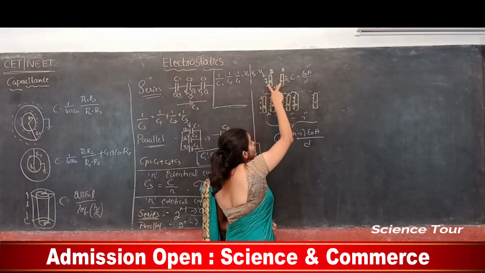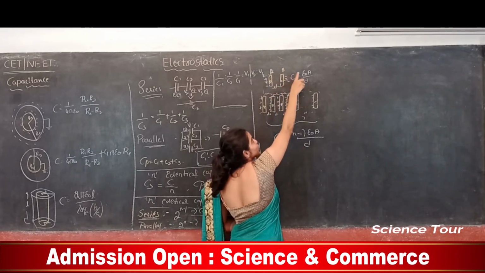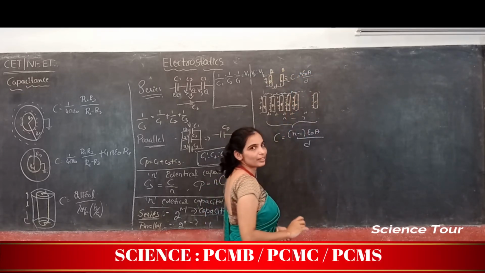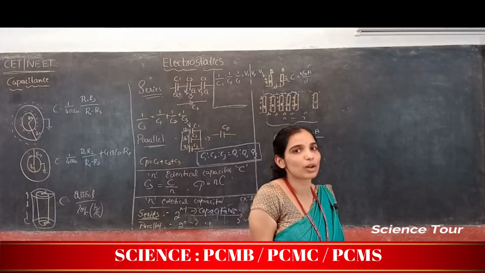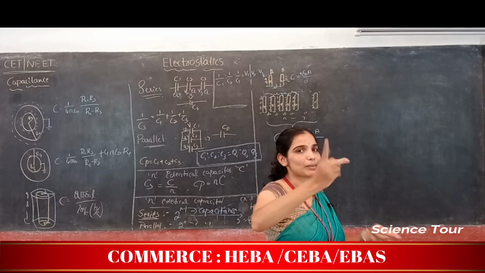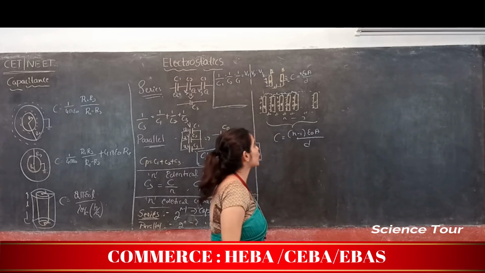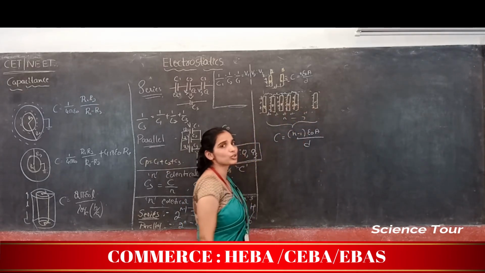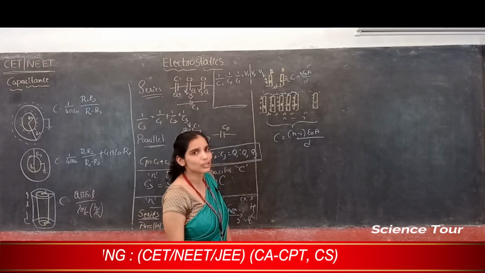See, it was two plates here, so here we have one, right? Though I don't mention it here, we have 1 into epsilon naught A divided by D. So when you have two plates, 1 multiplied by epsilon naught A divided by D. Here I have n number of plates, so it should be multiplied by n minus 1, right?